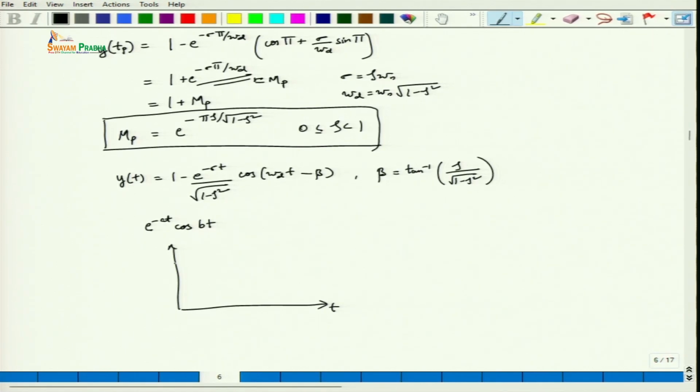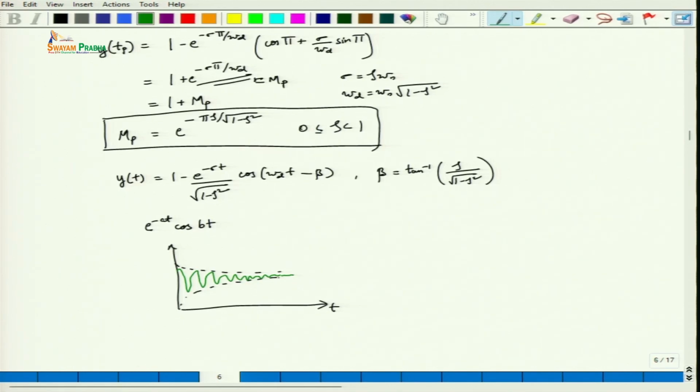So first I will just draw e to the power minus at and minus e to the power minus at, and then within this envelope I will draw my sinusoidal signal. The settling of these transients is determined by the envelope.